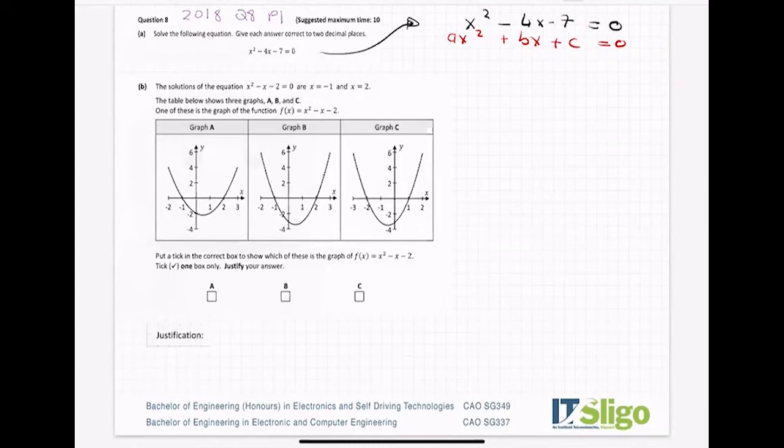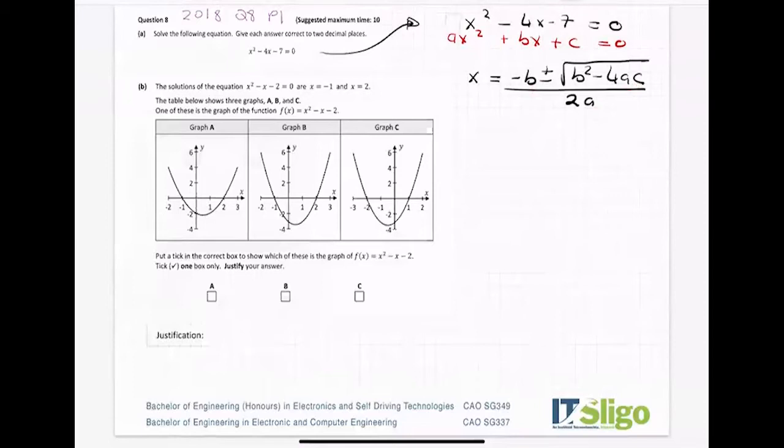So let me write down the formula so you can see it. x is equal to minus b plus or minus the square root of b squared minus 4ac all over 2a. So I need to know in this formula, what's my a, what's my b, what's my c.